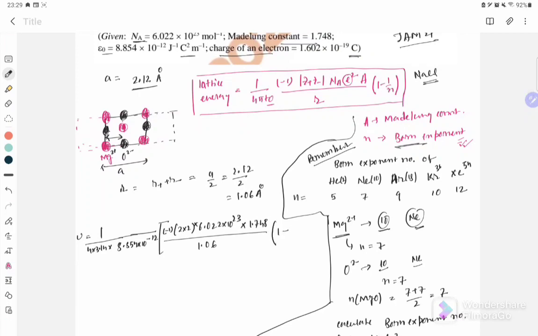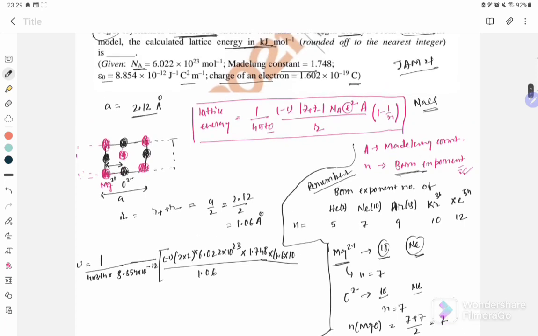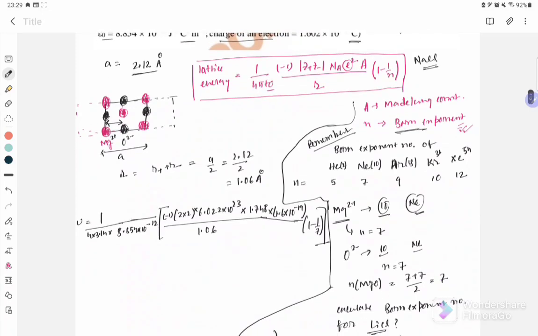Then 1 by this, and e square is there, e square is 1.6 into 10 to the power minus 19 in coulomb, and the last one is 1 minus 1 by 7.